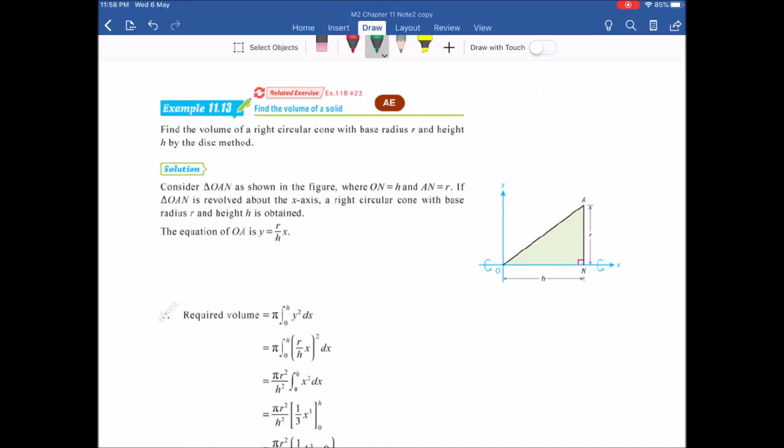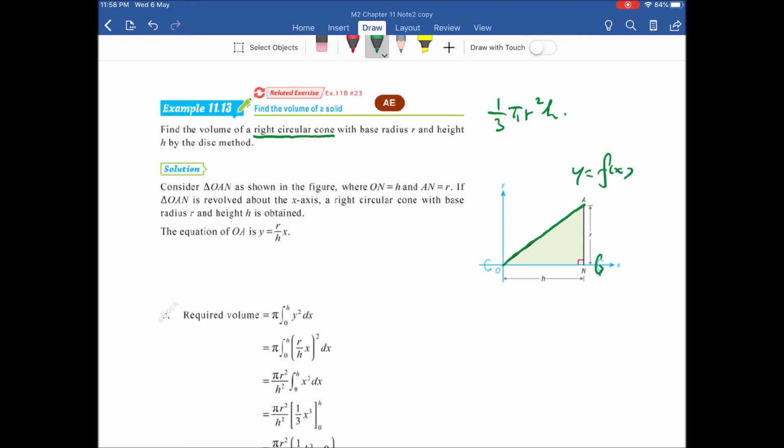This example shows how to find volumes of some known objects, for example this right circular cone. How to derive the formula of 1 over 3 pi r squared h? I just rotate this line y equals f(x) along the x-axis.